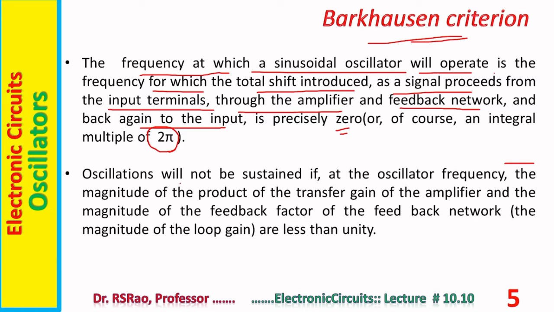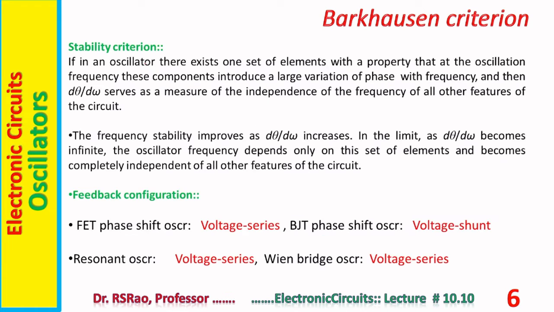Oscillations will not be sustained if at the oscillator frequency the magnitude of the product of the transfer gain of the amplifier and the feedback factor of the feedback network is less than unity. So it has to be 1 or more than 1. 1 is not practicable.